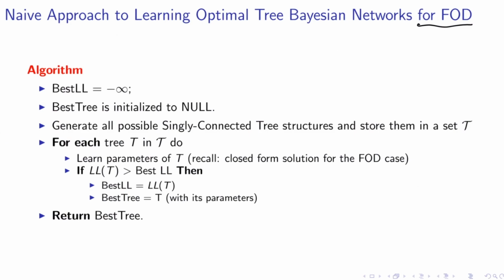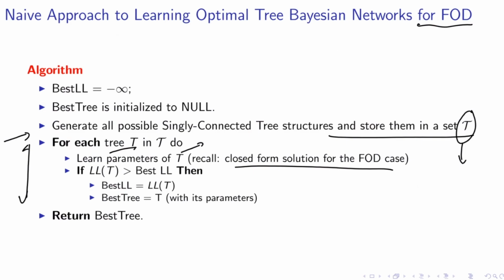The idea is we generate all possible singly connected tree structures, store those tree structures in a set, let's call this T, and then run the following iteration over elements of the set T. For each tree in T, we learn the parameters of the tree by using the closed form solution for the FOD case.